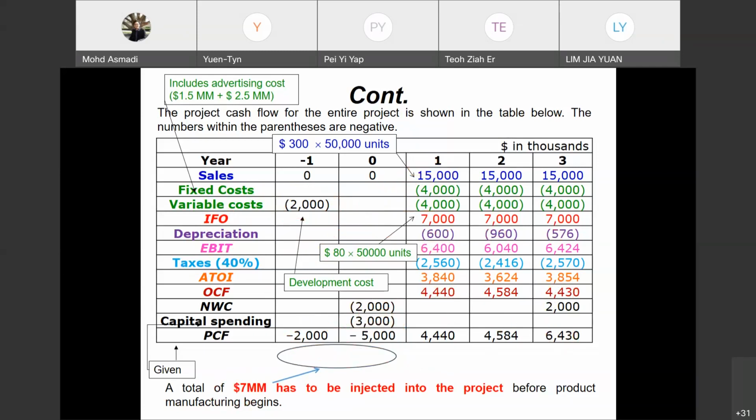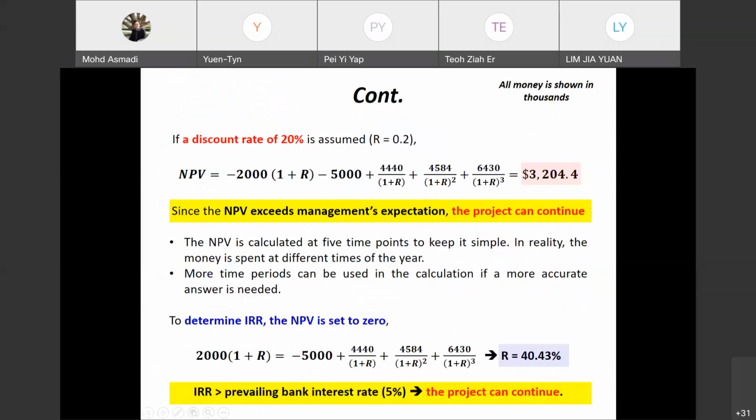Okay, and then we have to calculate, what is it? We have to calculate NPV, isn't it? Okay, so how to calculate based on the NPV equations? Okay, 2,000. This one J below than 1, J equal to 0. This one J more than 0 lah. Okay, J is equal to more than 1.